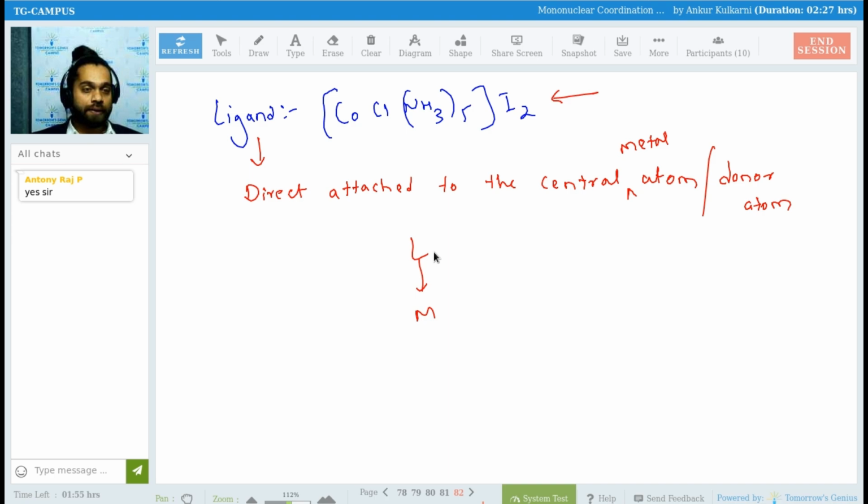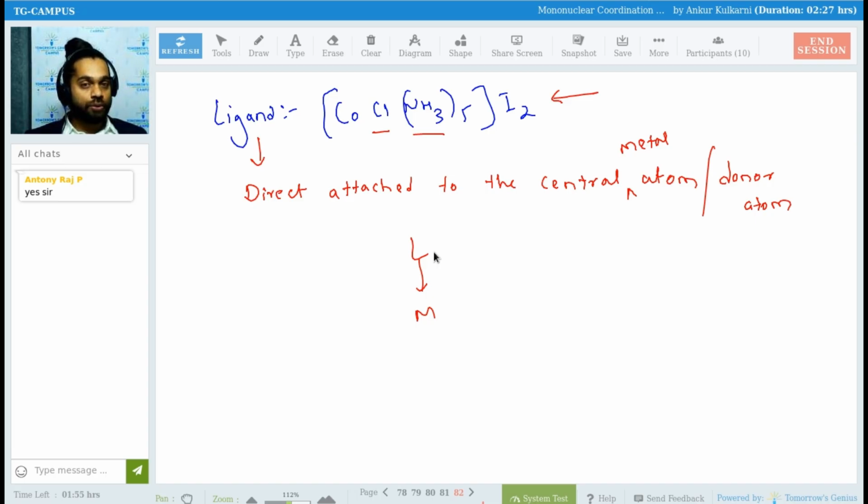Yes, Sarjana and Kevin, Anthony. Very good, Sarjana. So I have two types of ligand and a total of 6 ligands. One is your Cl, one is your NH3: 5 NH3 and 1 Cl. Is it clear, everyone?